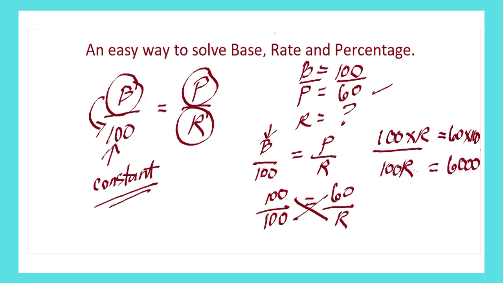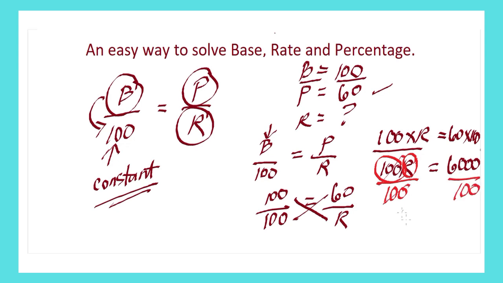All right, now we only need this R, so I'm going to encircle this one. But the problem is we have 100 beside that R. So all you need to do is divide both sides, the left and the right, by 100.